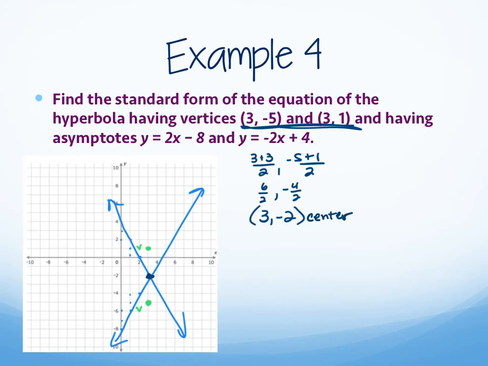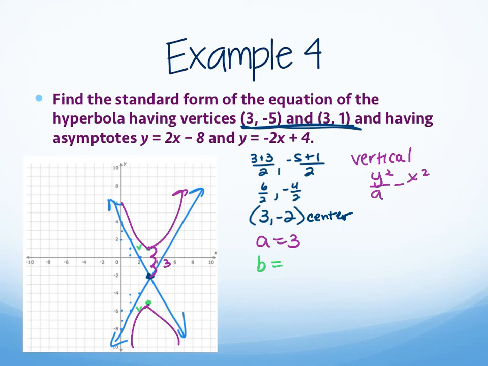Now I can determine the distance from the center to the vertex, which is 3, and that's your a. I also know that this is vertical, so it's y over a squared minus x over b squared.